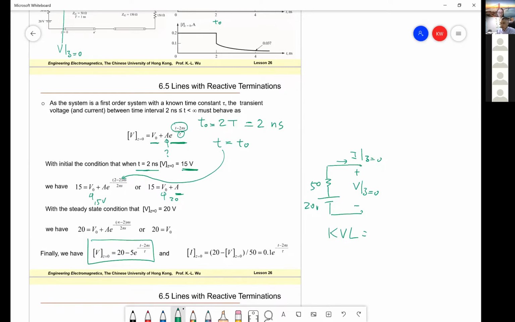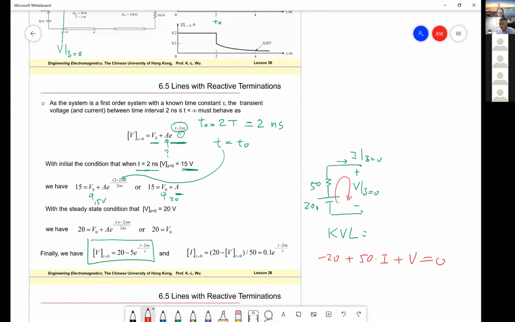So if we use KVL, KVL is always correct if the length of the connecting line is negligible, right? So we use KVL. What that means is minus 20 volt because of this direction, plus 50 times current, plus V equals 0, right?